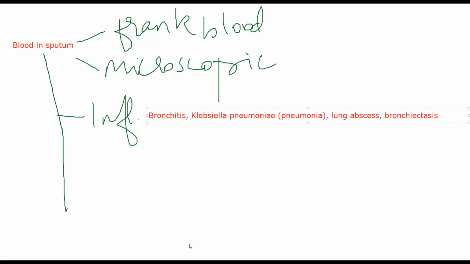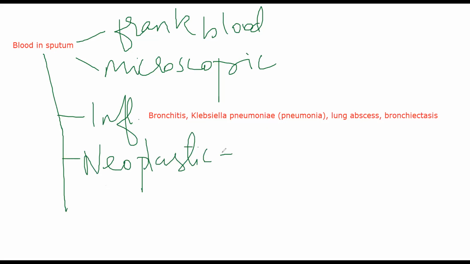या फिर another cause can be cancer, so neoplastic origin. So different cancers, mainly neoplasms.